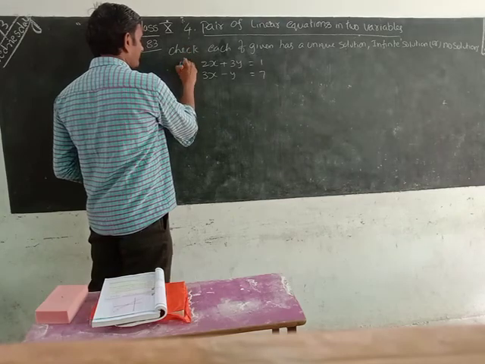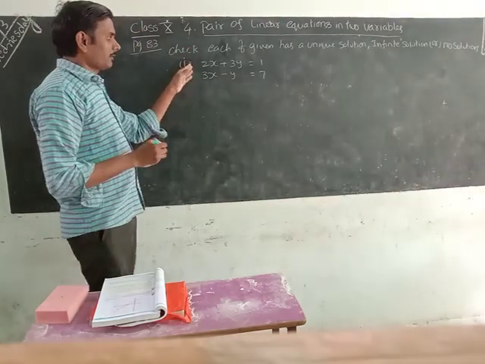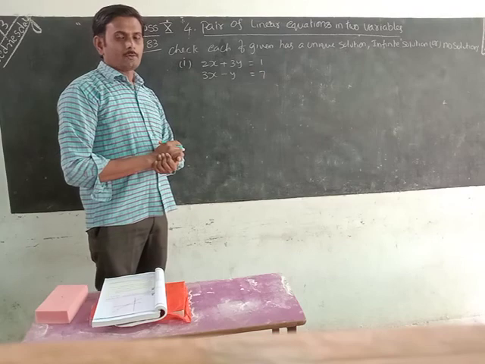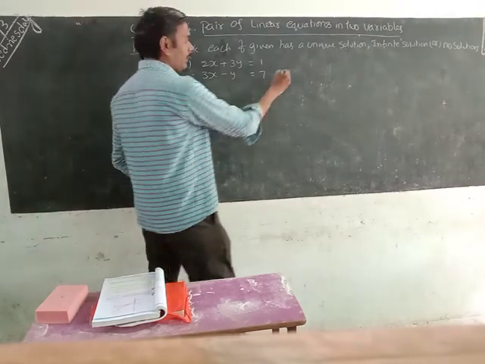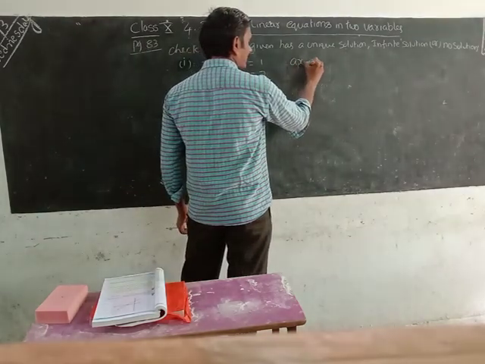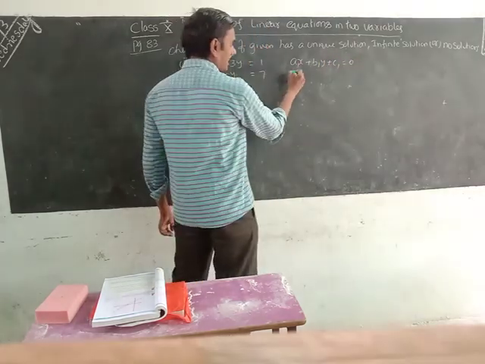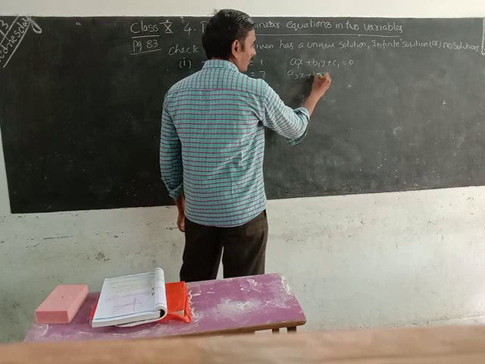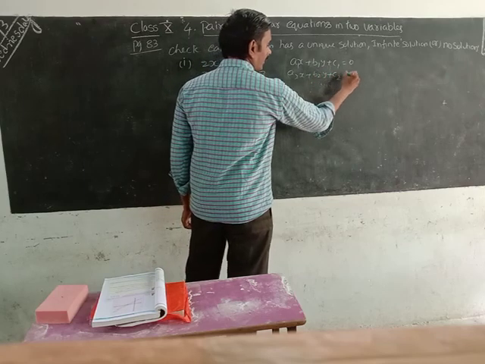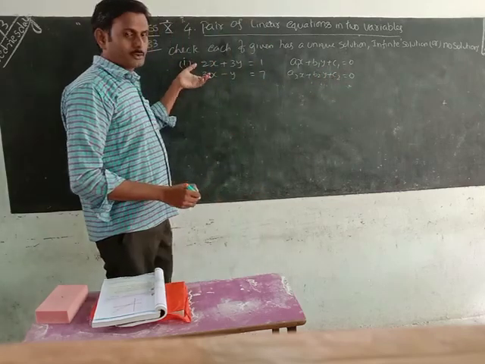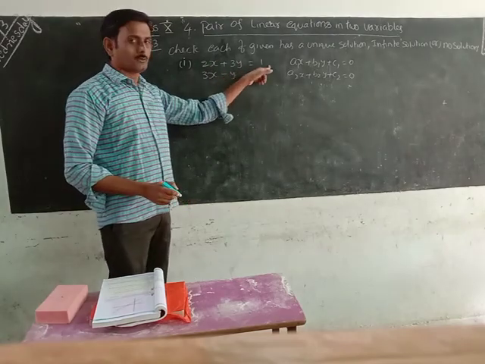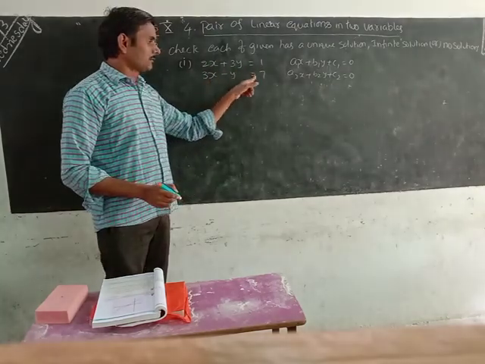Unique solution. First one, two equations are given. Whenever two equations are given to you, they should be in the form a1x plus b1y plus c1 equal to 0, and the second one also a2x plus b2y plus c2 equal to 0. Two linear equations are given: 2x plus 3y equal to 1 and 3x minus y equal to 7.